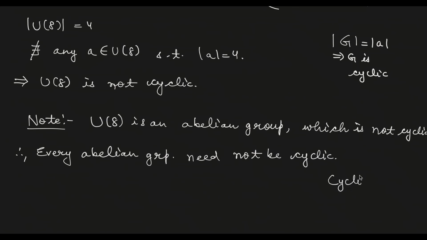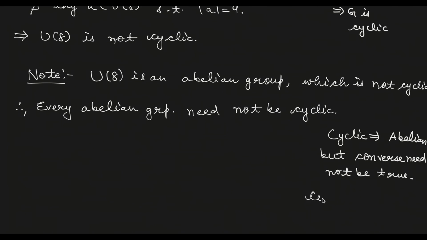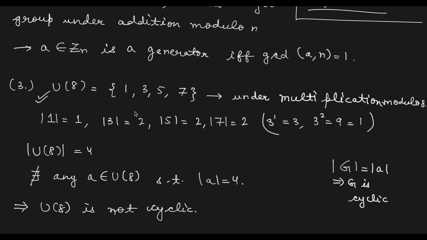Means cyclic implies abelian, but converse need not be true. Counter example is this example only, U8. U8 is abelian. Is this clear? Yes.